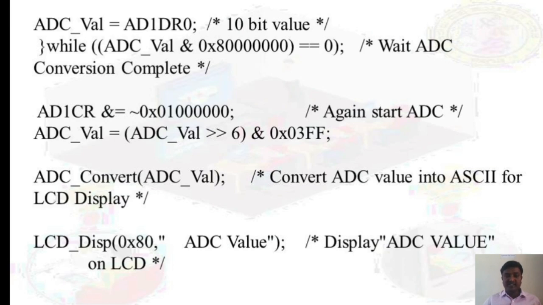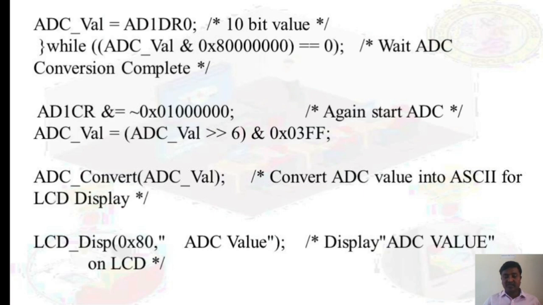After that AD1CR and equal to not of 0x0160, that is again start ADC conversion, ADC underscore value equal to ADC underscore value right shift 6 and 0x03FF. Then we are calling ADC convert, passing the ADC value for conversion into the ASCII value to display on the LCD.